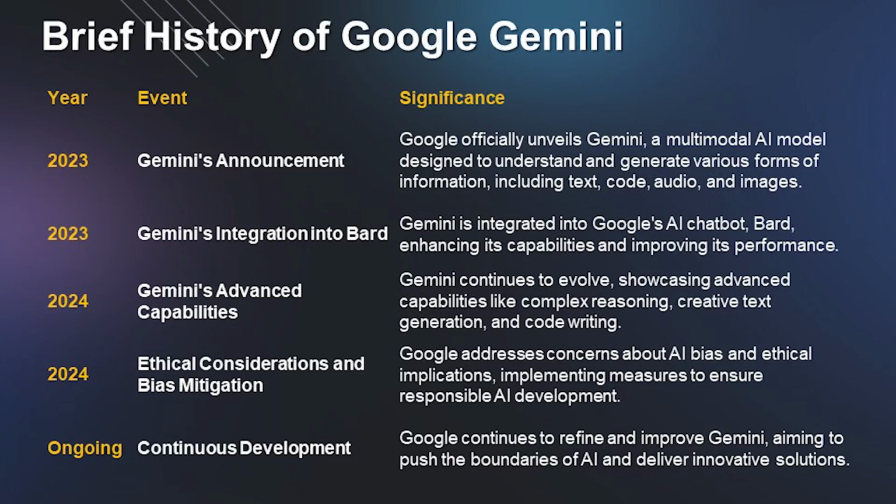In 2024, advanced features like creative text generation, coding assistance, and real-time analytics were added. Again, in 2024, Google implemented ethical measures to address concerns like data privacy and bias. Ongoing, Gemini continues to evolve with regular updates, making it smarter and more efficient.